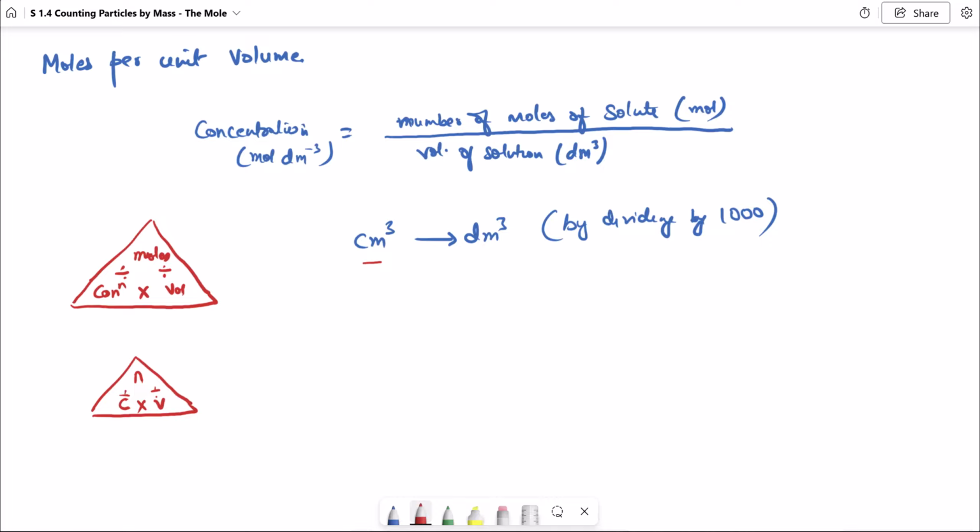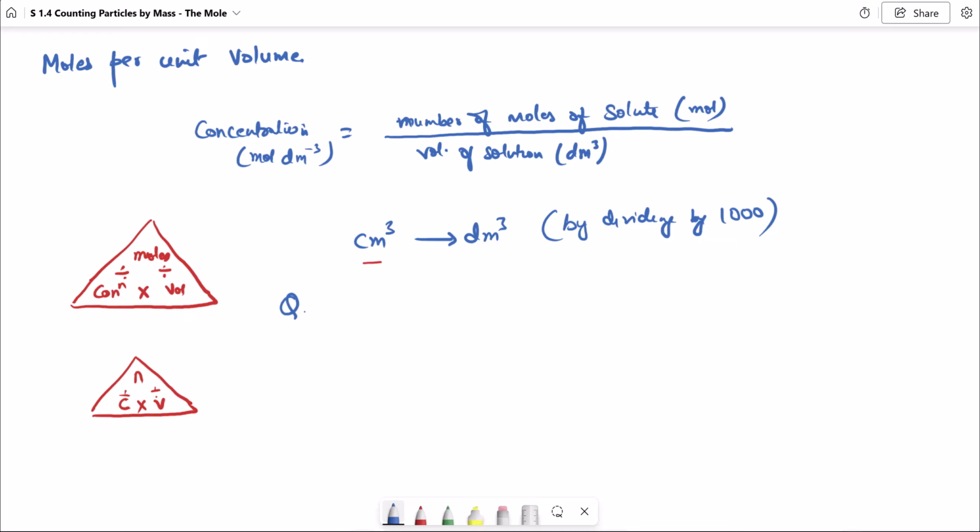So if you want to calculate concentration, C equals N divided by V. If you want to find moles, N equals C into V, right? Like that you can apply, how we have done in the previous. So let's calculate a question.